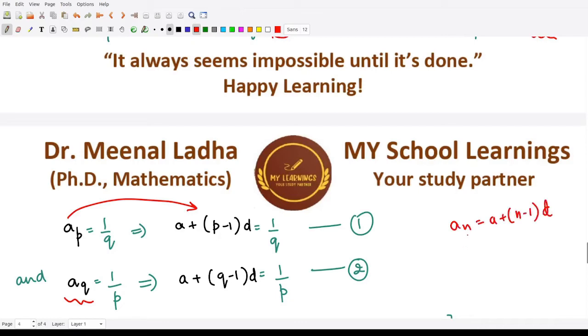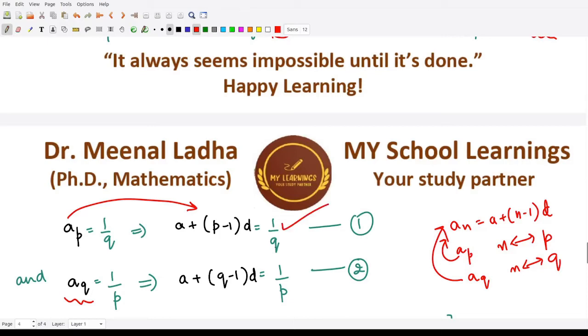So if we want to calculate Ap, we will replace n with P, so a plus P minus 1 times d is equal to 1 by Q. And if we want to calculate Aq, we will replace n with Q, so we would have a plus Q minus 1 times d is equal to 1 by P.